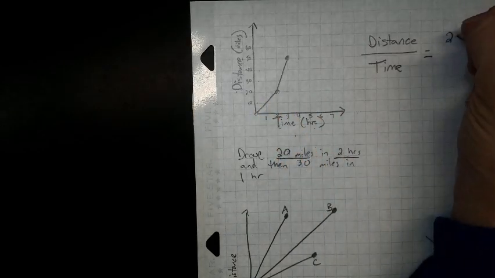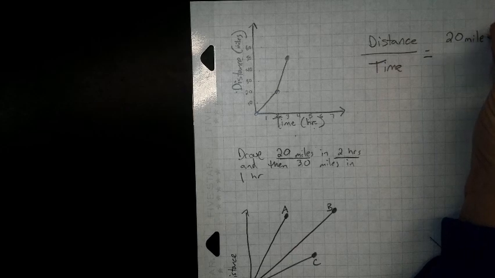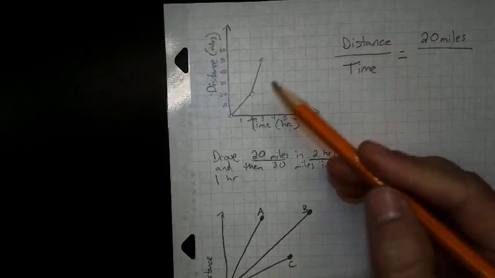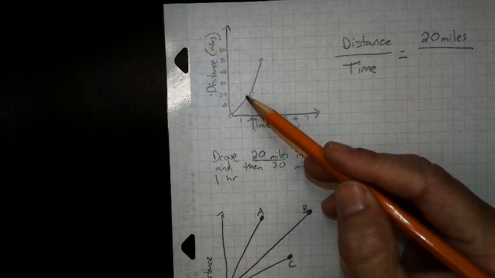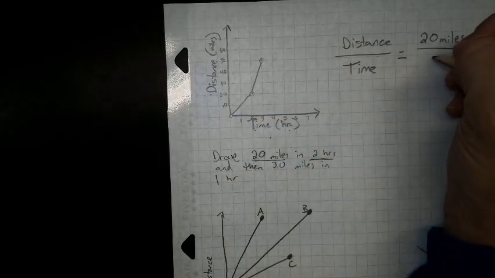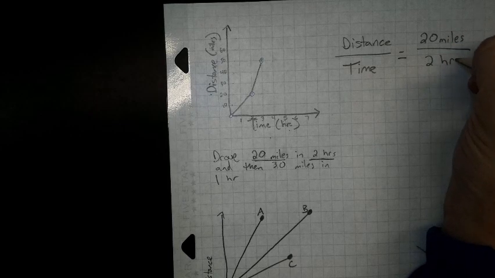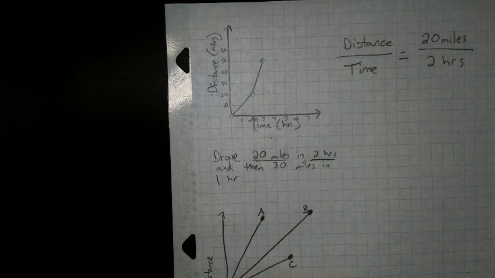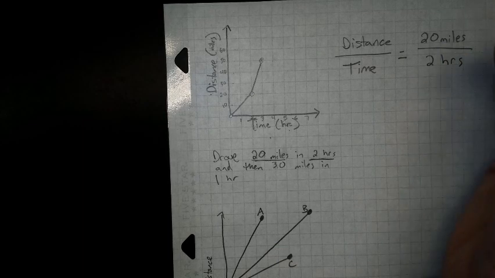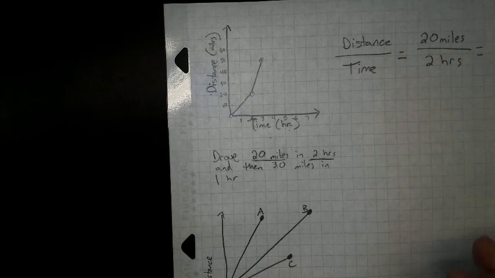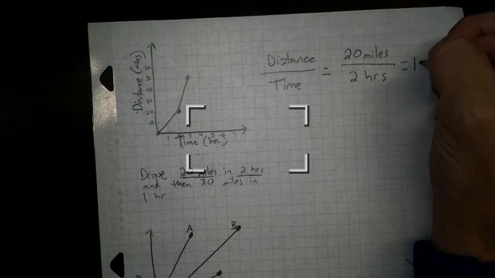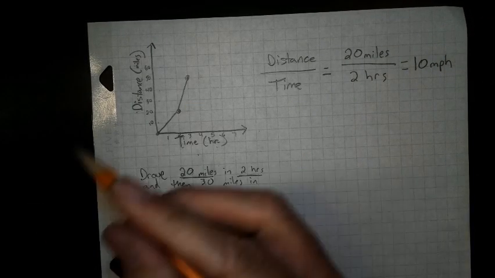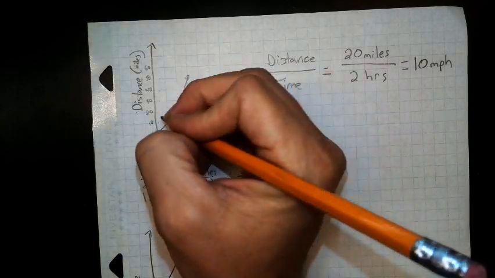The units are important because they tell us what units we're going to end up using. We went for how long? 2 hours. So now we're left with a relatively easy problem: 20 divided by 2 is 10 miles per hour. So the speed here is 10 miles per hour.